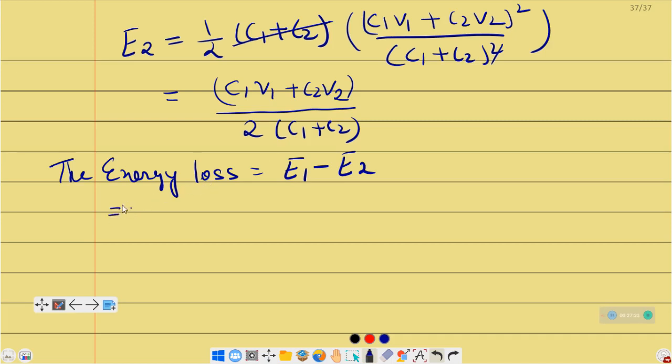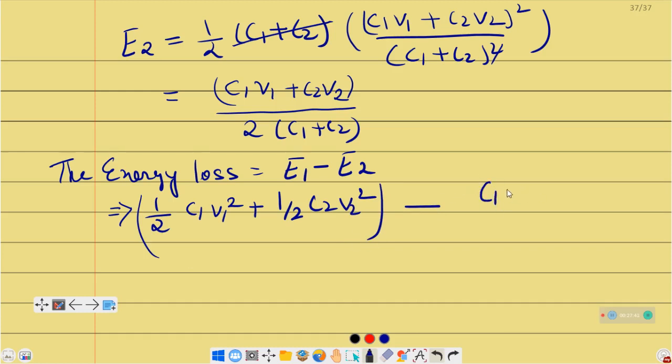E1 is half C1 V1 square plus half C2 V2 square, and E2 is C1 V1 plus C2 V2 whole square upon 2 times C1 plus C2. Now we have to calculate this.